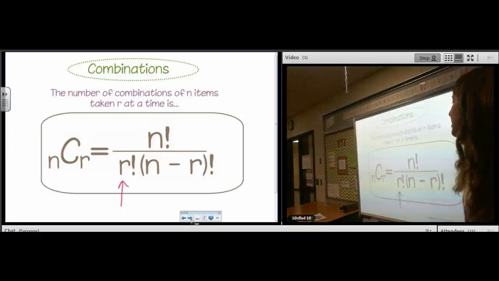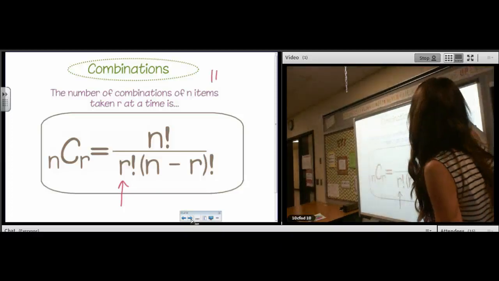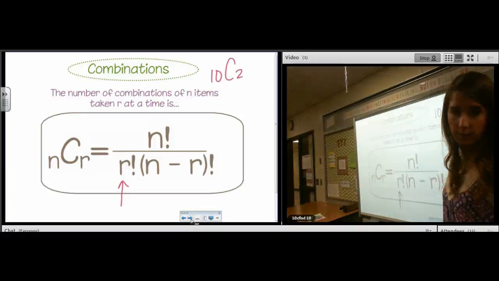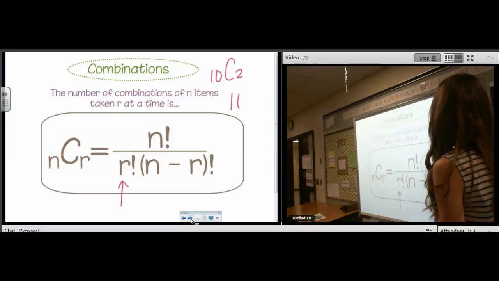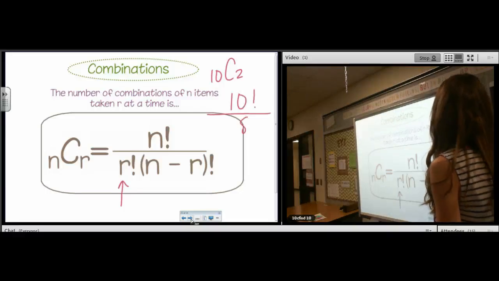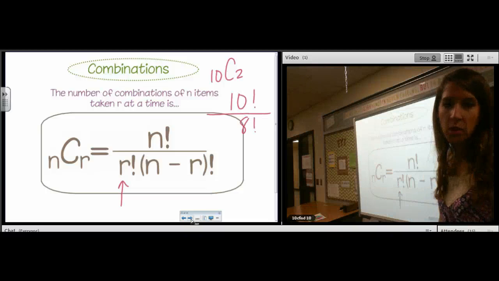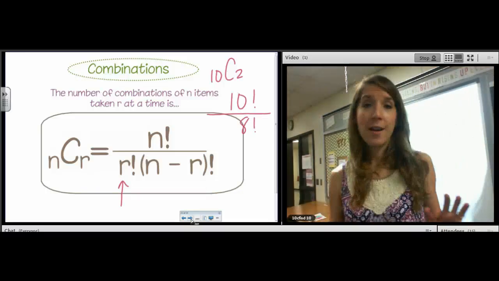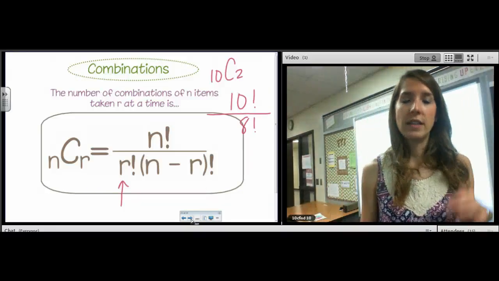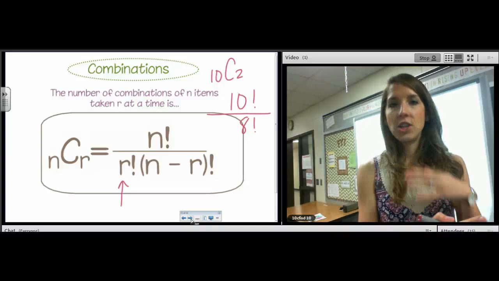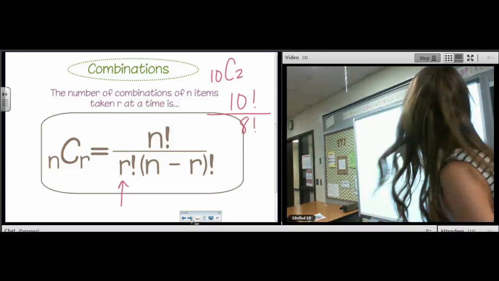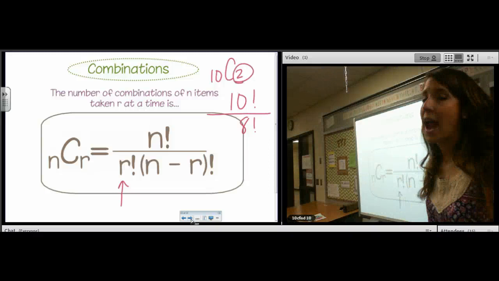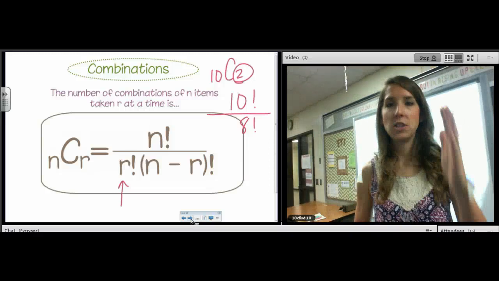So let's say I had 10 people and I wanted to choose 2 of them. If I did the permutation formula, it would be 10 factorial over 8 factorial. But if I don't care about the order, if I don't care if it's Quan Yeji or Yeji Quan, then I need to divide by 2 because I don't want Quan Yeji to be the same as Yeji Quan.